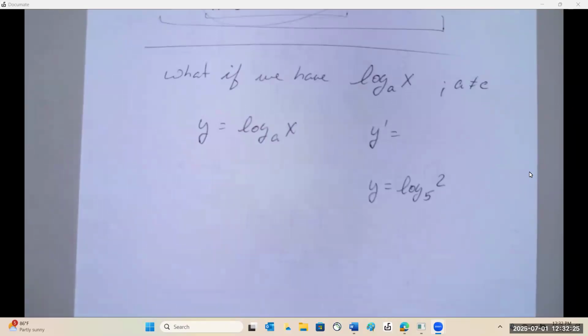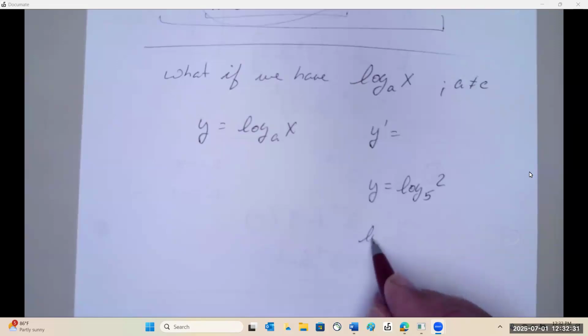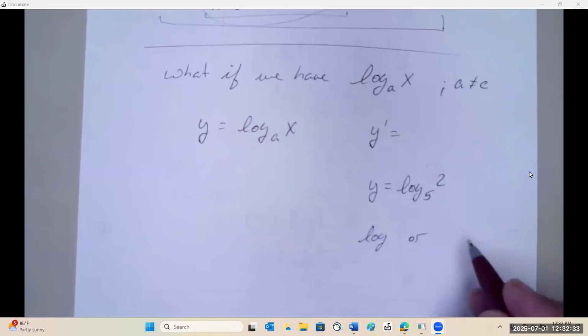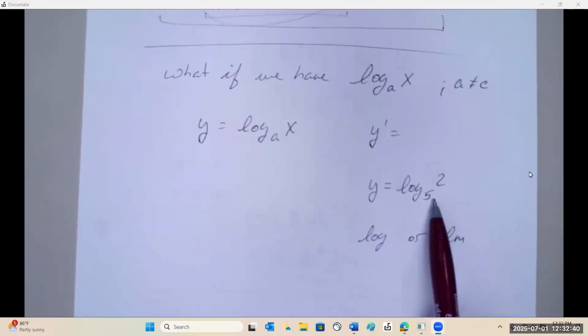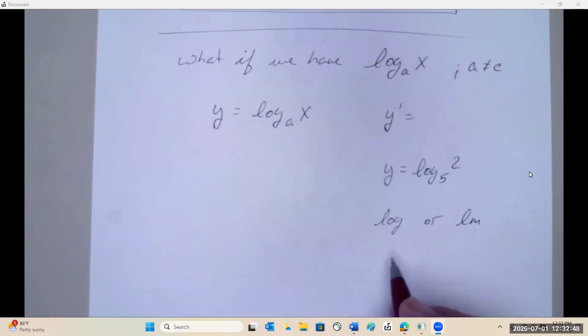Why can calculators not solve this? They're either log base 10 or log base e. So how do we go from log base 5 to either one of these? Very good. What is a change of base?